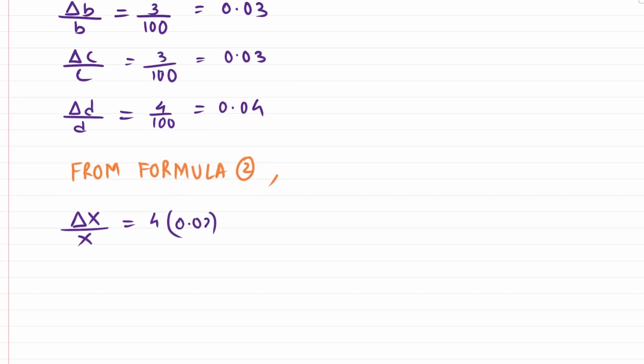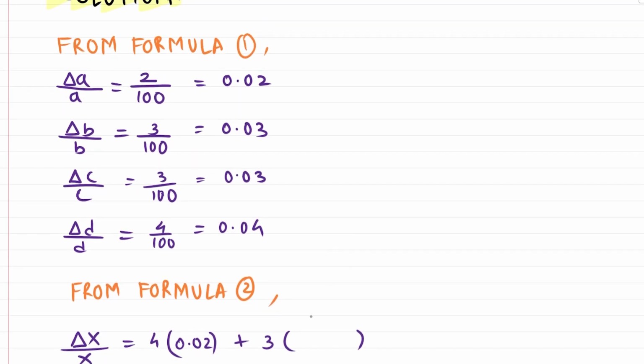So 0.02 plus 3 into the relative error of B, that is 0.03, plus 1 by 3 into the relative error of C, that is 0.03 as well, plus 1 by 2 into the relative error of quantity D, that is 0.04.